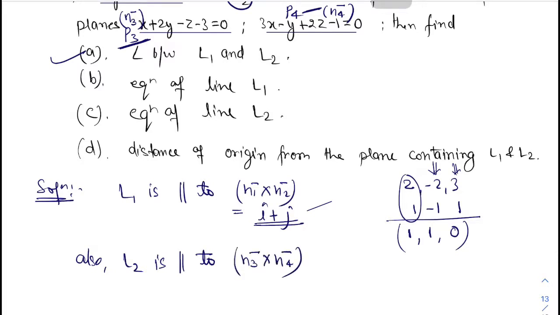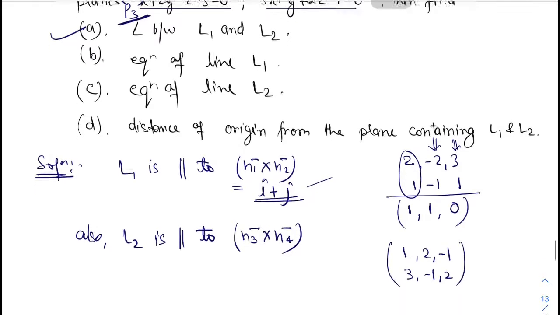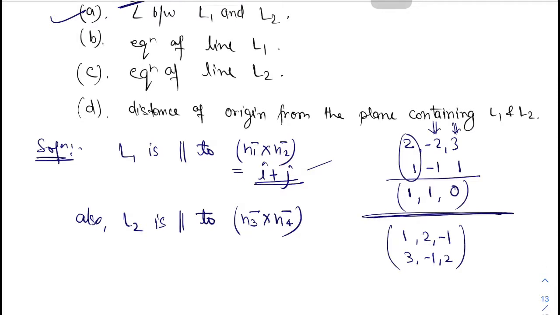What will be n3? n3 is 1, 2, minus 1 and n4 is 3, minus 1, 2. So I have to take the cross product of these two. This will be 4, minus 1, 3.